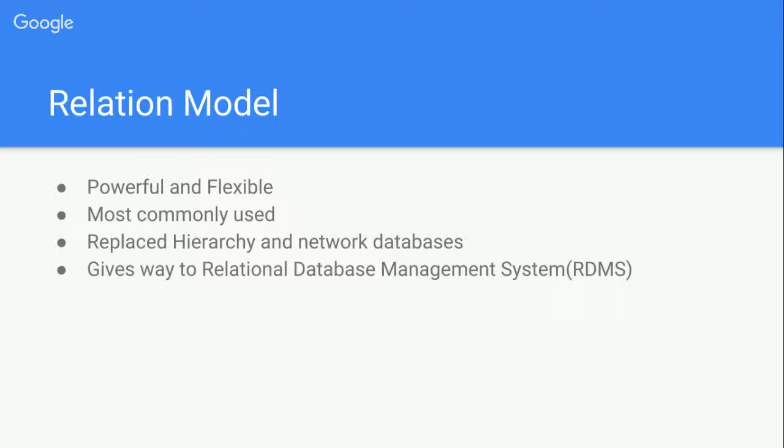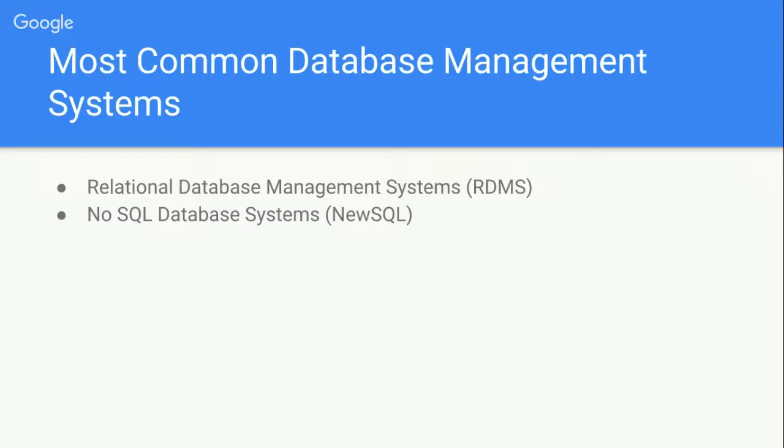And this gives way to the relational database management system that we're going to talk about today, or SQL system. Most common database management systems used are relational database management systems, or SQL, and then NoSQL database systems, or NewSQL.